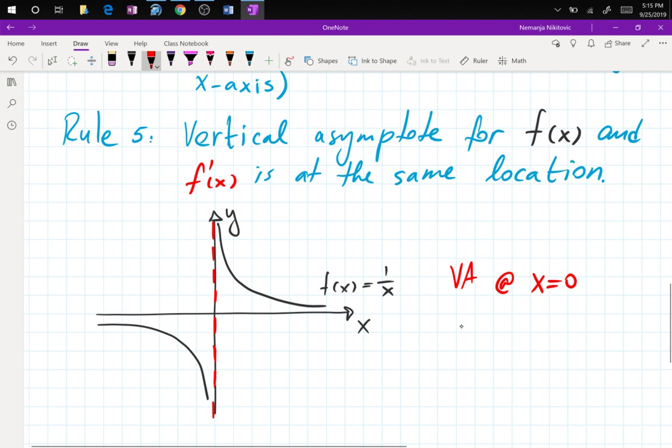Now, if you consider the rules, one of the rules said if the function is decreasing, the derivative is below the x-axis. So this one is going to get pretty much the same thing going down. And on the other side, it's going to be also like that, because 1 over x is always decreasing, right? As you are moving from left to right, you are constantly going down.